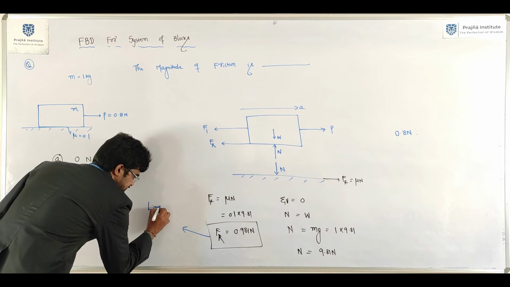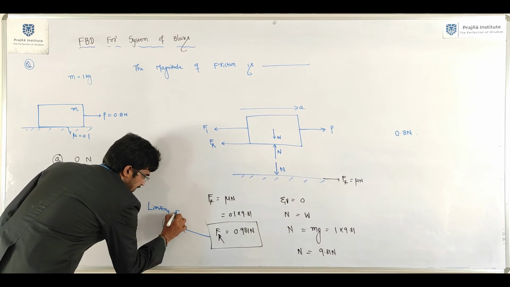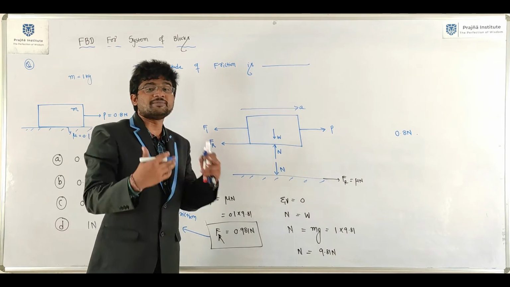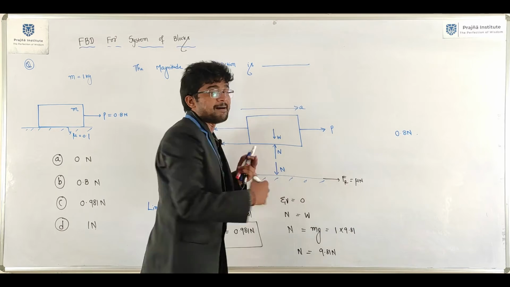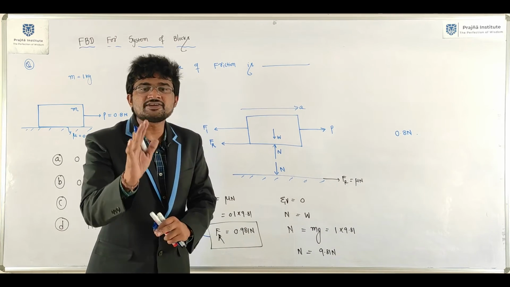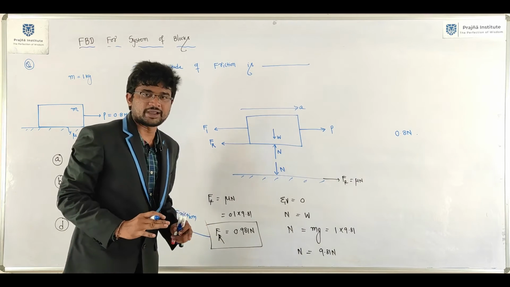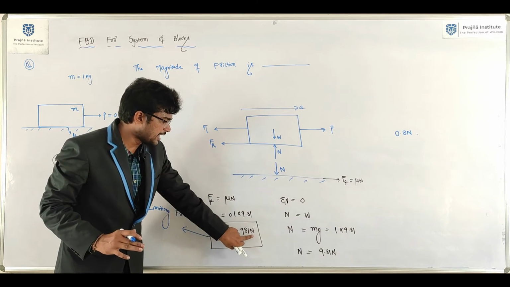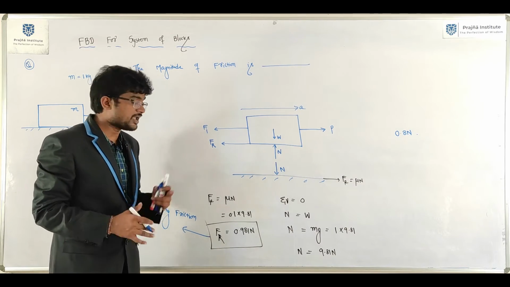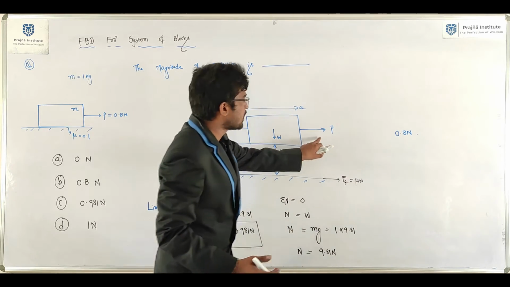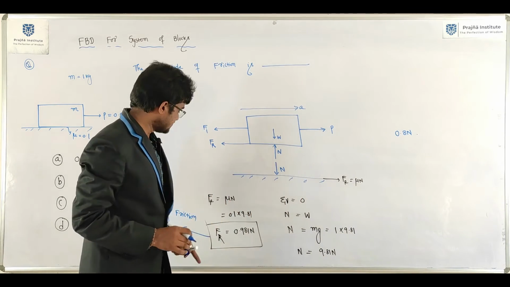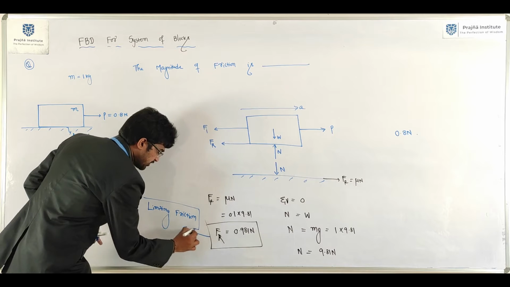Actually this is what? Limiting friction. Once you apply the equilibrium equation, the system must balance. Correct? Sigma H equal to 0. That equation must be satisfied. Once you substitute 0.981 Newton here, it can't be satisfied. Why? Because here you are applying 0.8 Newton only. Here this is called limiting friction.